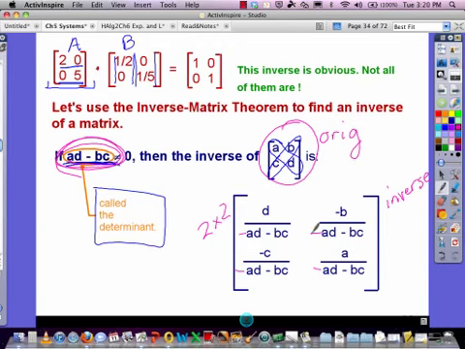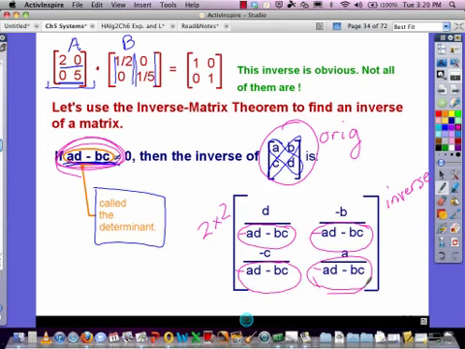So if I was going to put this inverse representation into words, it might be: take your original matrix, the left diagonal's product minus the right diagonal's product gives you your determinant. That is the number you put at the denominator of each of these.